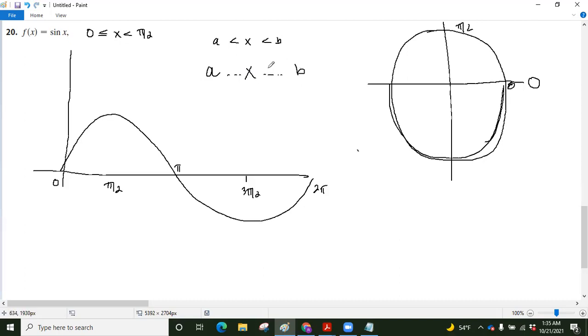So x is less than b, we know that, because it's behind b. And x is greater than a, we know that because it's in front of a. And so it's just trying to tell you that x should be somewhere in between a and b. And so this is basically a translation of our interval.